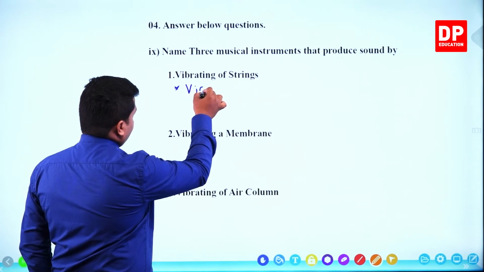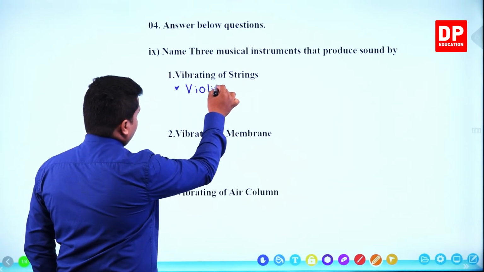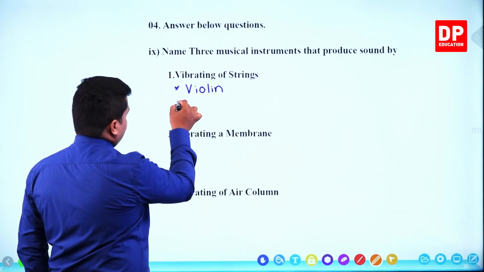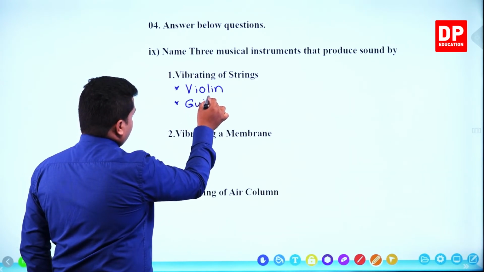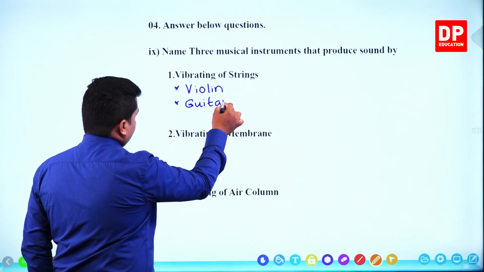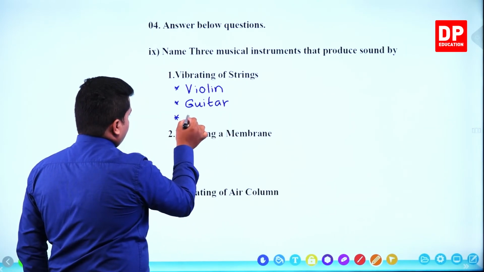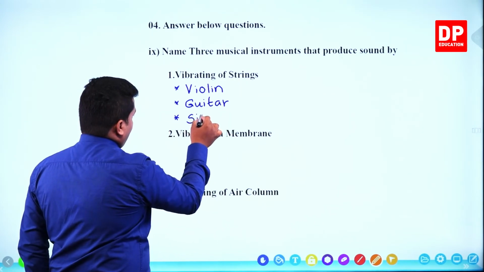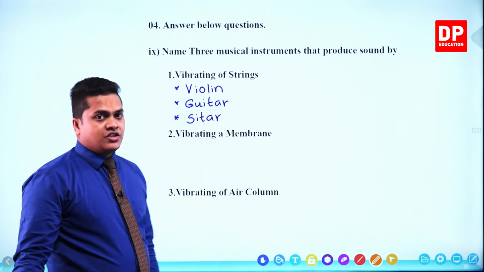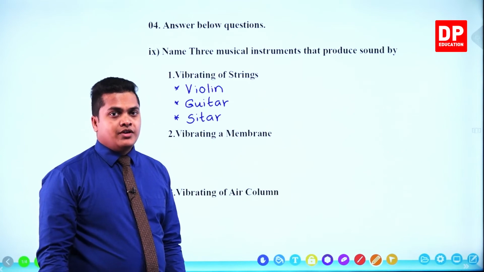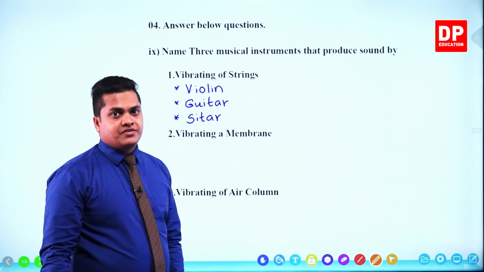So we can write these things: violin, guitar, sitar. So these are musical instruments which produce sound by the vibration of strings.